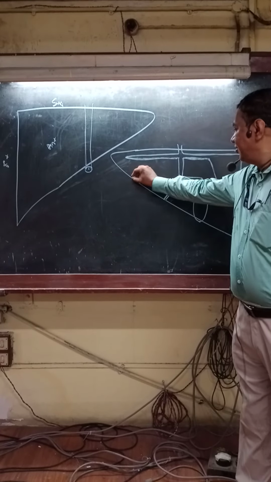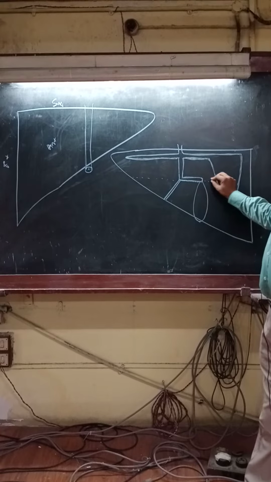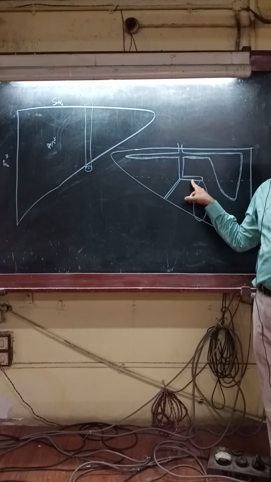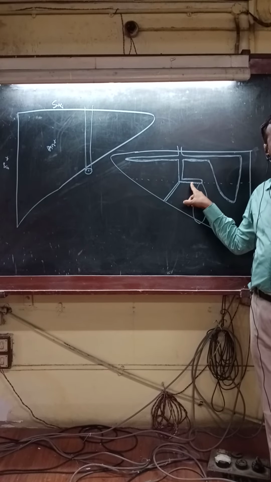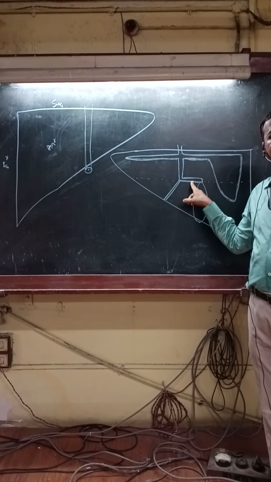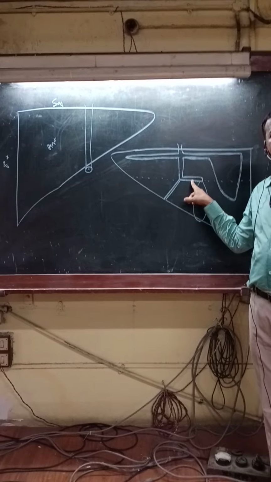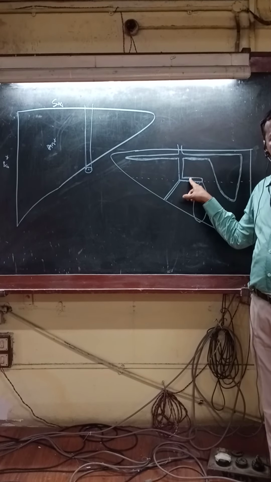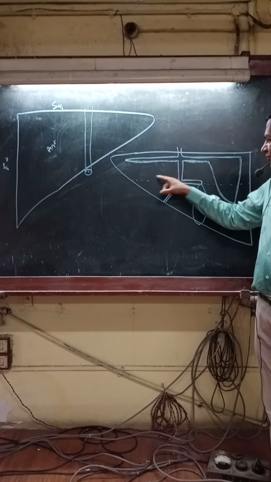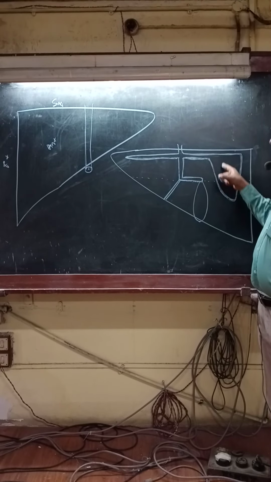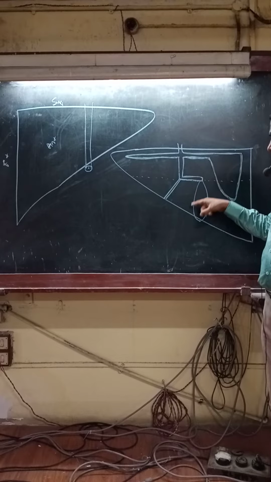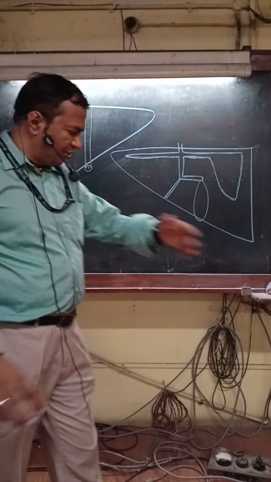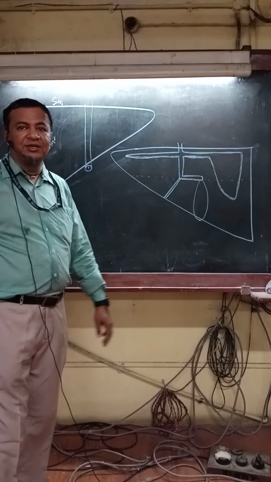Now, if I draw a line like this at the level of porta hepatis, port from where things go in, come out. Porta hepatis because portal vein, hepatic artery enter from here, right duct comes out. Porta hepatis. Fissure for ligamentum venosum. So when I draw horizontal line, above this is posterior surface, below that is inferior surface, because here I cannot draw it in a three-dimensional plane.